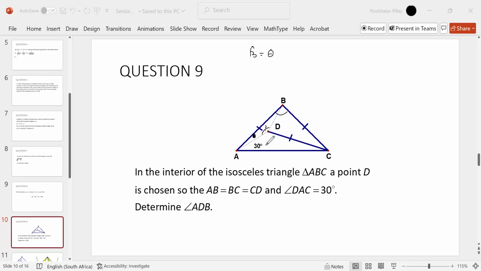I don't know what it is. This small angle here between the dotted line, that is 30 degrees. Okay. So that angle is theta. And so the strategy is, I'm going to find AC in terms of theta.